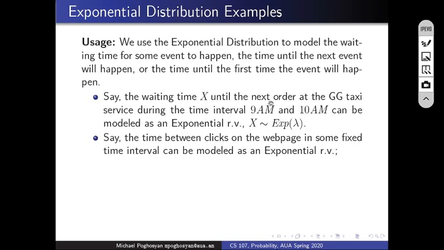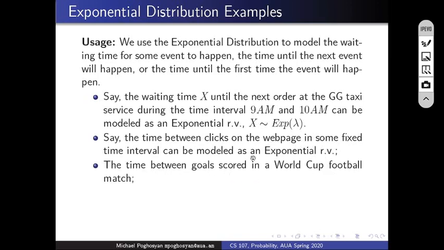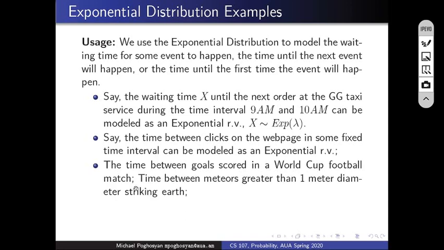We can model that waiting time for the next order by an exponential random variable. The time between clicks on a web page in some fixed time interval can be modeled as an exponential random variable. Or the time between goals scored in a World Cup can be modeled as exponential.